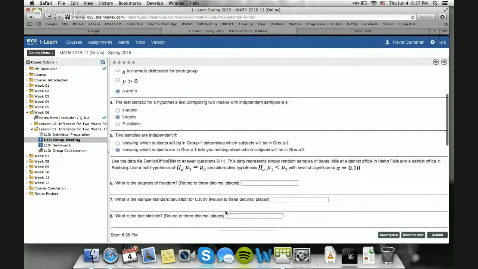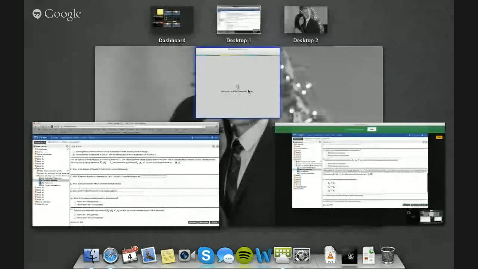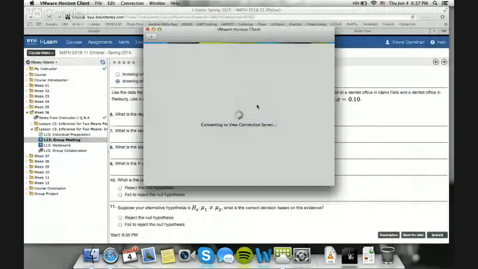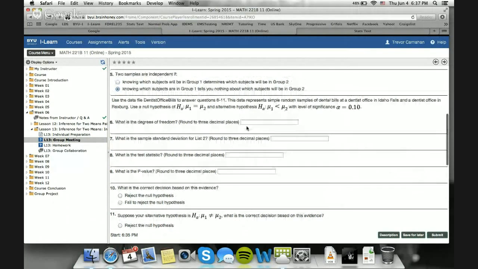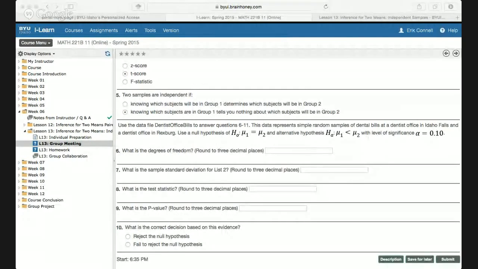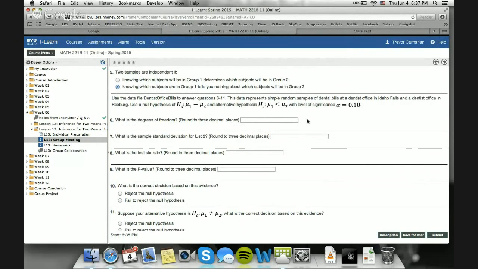Open. All right. The degrees of freedom. So we gotta go to transform, automatic recode, and then we recode the city.